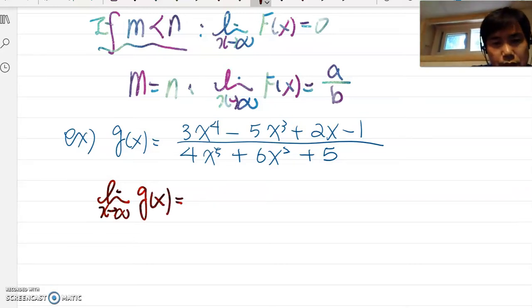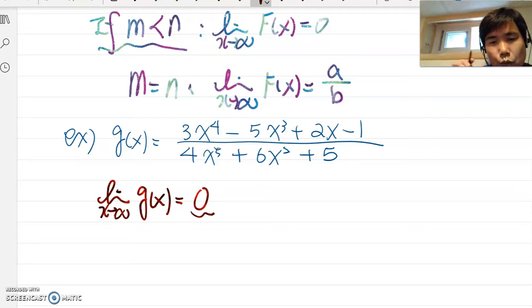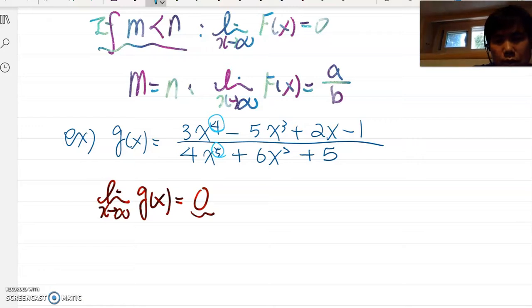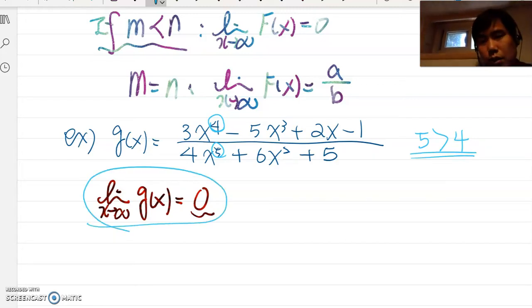If you think the answer is 0, then it is correct. The reason is when you compare the leading power between the numerator and denominator expressions, the numerator degree is 4 and the denominator is 5. Of course, 5 is bigger than 4, which means the denominator degree is higher than the numerator's. In this case, the limit value is always equal to 0.